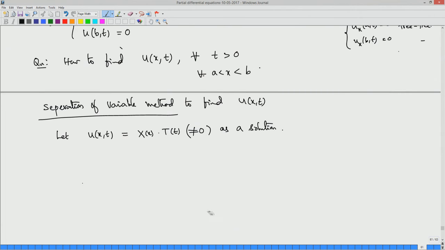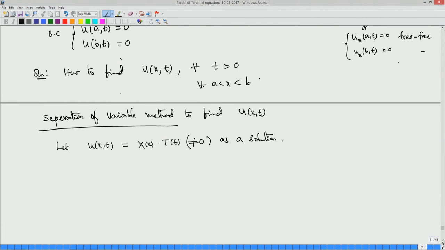If you substitute that into the equation, what you get is u_tt, that is X of x T double dash of t, which is like d square T by dt square, minus c square, which is anyway constant, times u_xx, that is X double dash of x T of t, equal to 0. So, this is what it becomes.